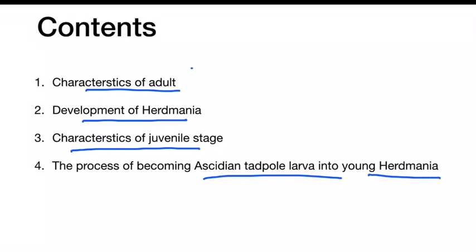In the first point, the characteristics of the adult, we are going to learn the external morphology of the adult Herdmania. Then we are going to study the internal anatomy of this organism, then we understand the general characteristics of chordates. There are 4 fundamental characters present in chordates.